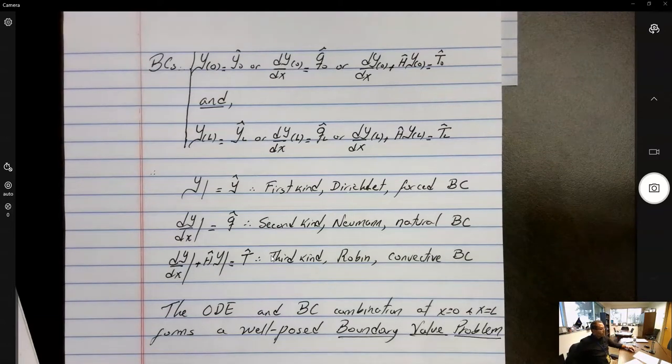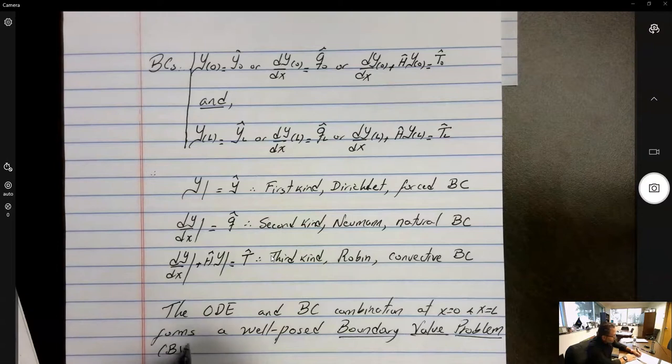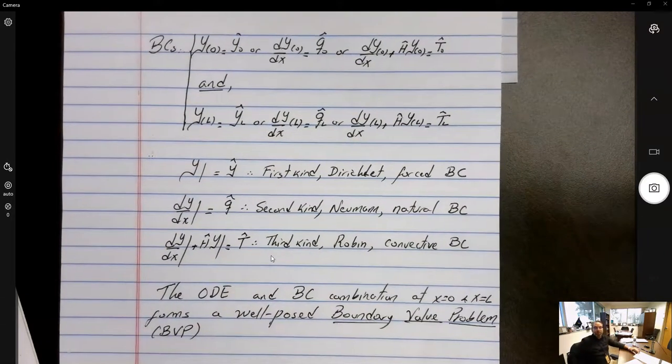So here you still need 2 conditions, right? One at x equals 0 and one at x equal L, but those conditions can be a combination of different things. But for the BVP, this is a boundary value problem, to be well posed, you need to have a single condition at x equals 0 and a single condition at x equal L.